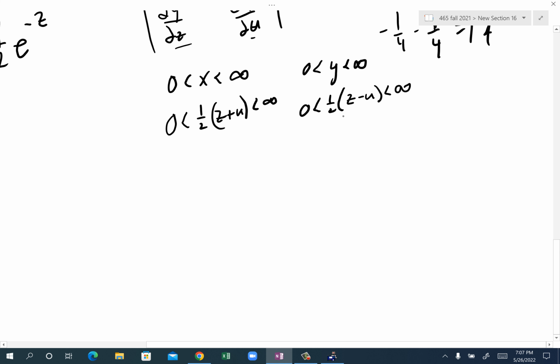Okay, so let's solve for these. We got a u and z somewhere, right? First, let's times everybody by 1/2. Right? That's pretty cool.